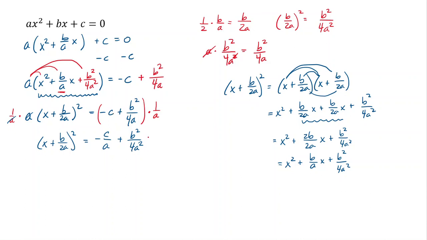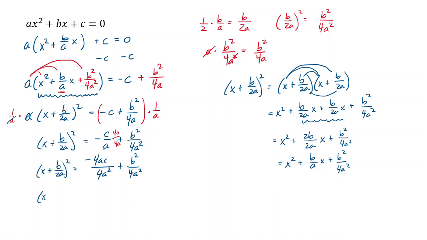So my common denominator is going to be 4a squared, which my second term already has. So my first term I need to multiply on the top and bottom by 4a to make it so that there's a 4a squared on the bottom. That gives us a negative c times 4a, or 4ac, over 4a squared, plus b squared over 4a squared.